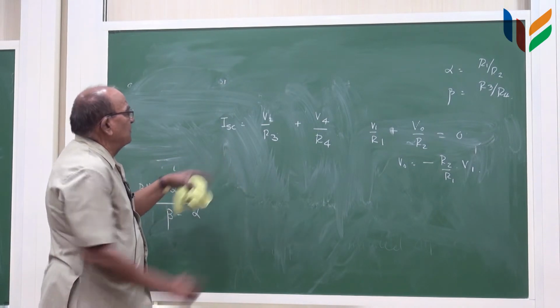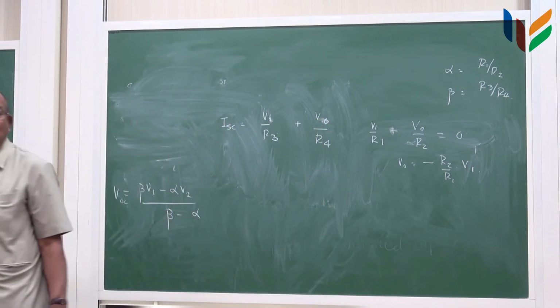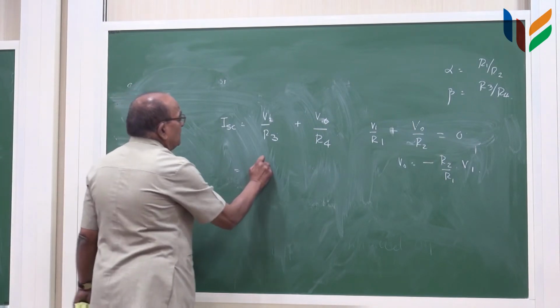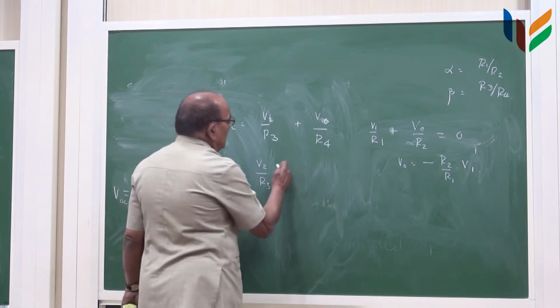So what is V0 here? So this is equal to V2 by R3 minus.